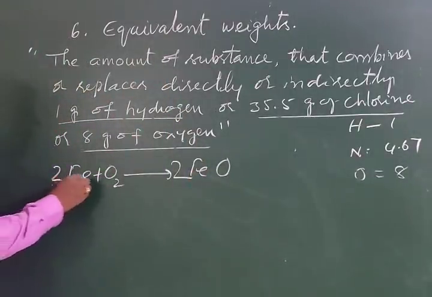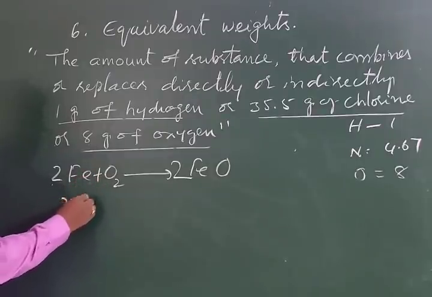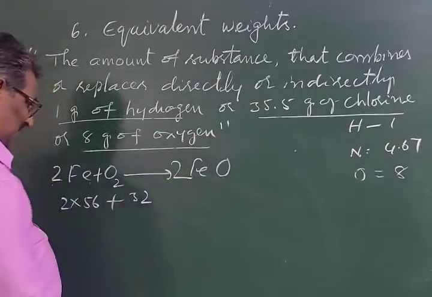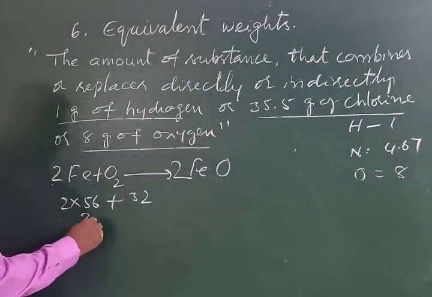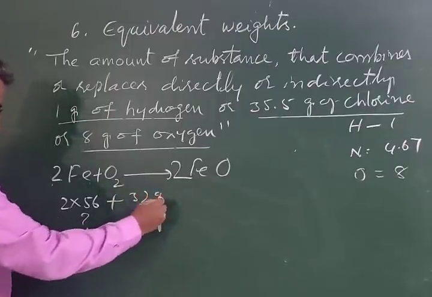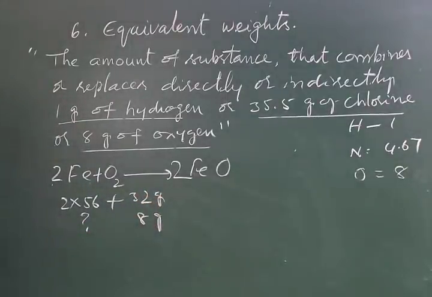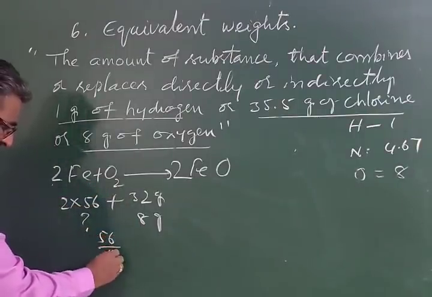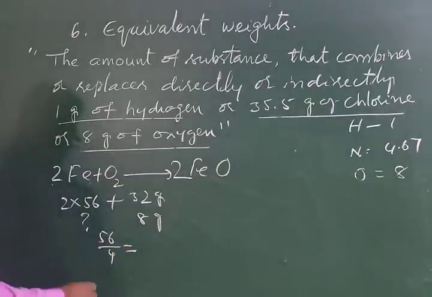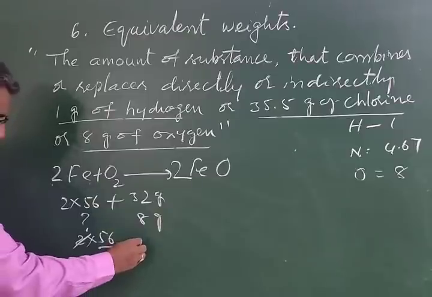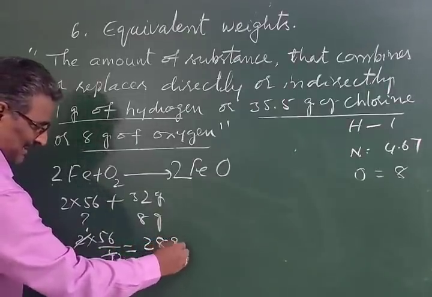In this, 2 into 56 grams of iron reacts with 32 grams of oxygen. How many grams of iron reacts with 8 grams of oxygen? This is 1/4. 2 into 56 by 4 is equal to 56 by 2. That is equal to 28 grams.